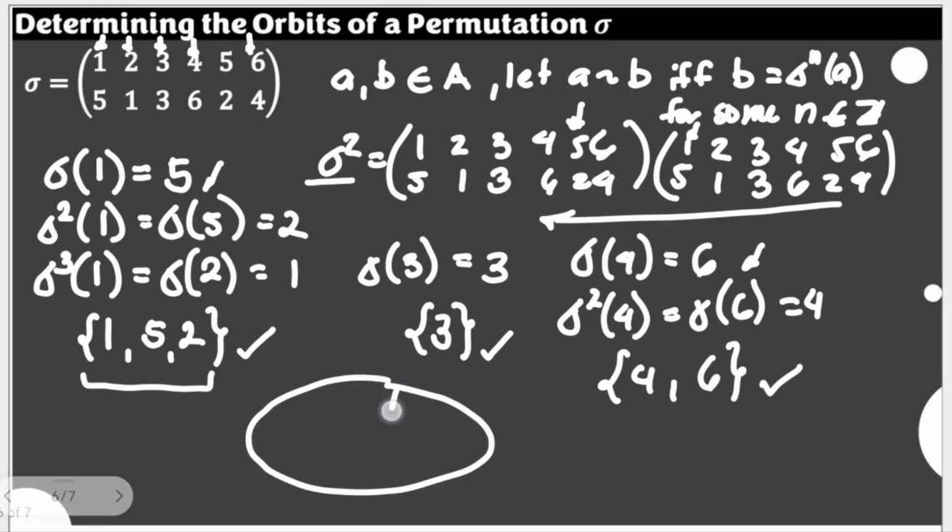They are disjoint as mentioned, and at the same time the union of all orbits is the given set S6: 1, 2, 3, 4, 5, 6 as well. Thank you very much for watching.